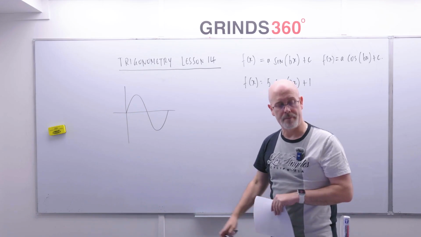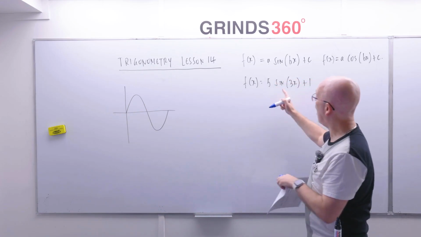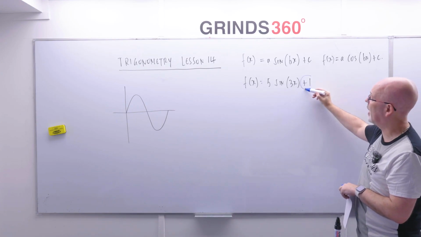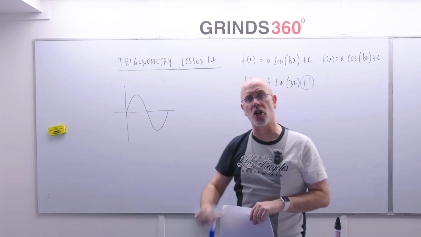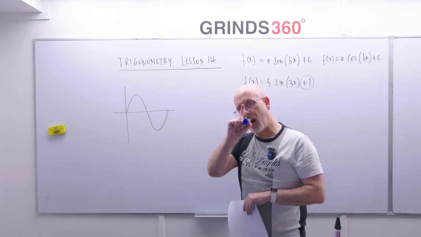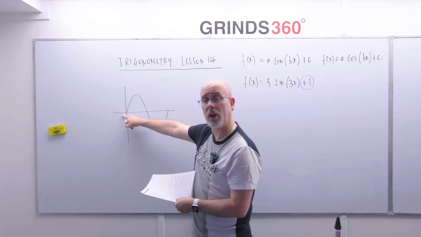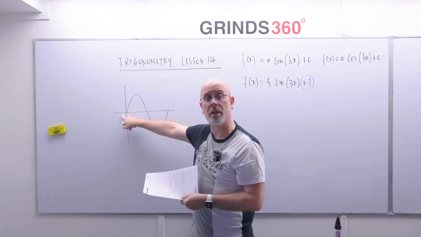The question is how. The first thing I would always start off by looking at is the constant, the number by itself. In this case, that +1 there is the center line of your graph. Why? Because a normal sine graph has y equal to 0 running through the middle.